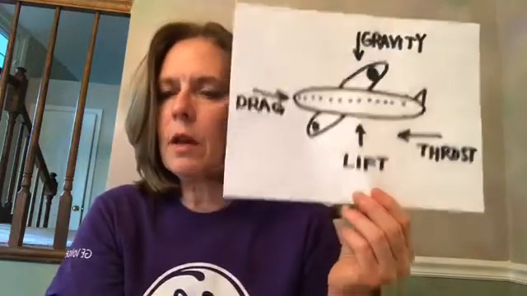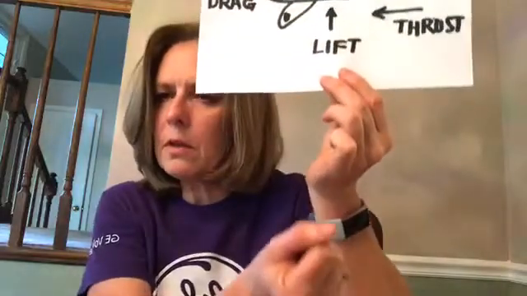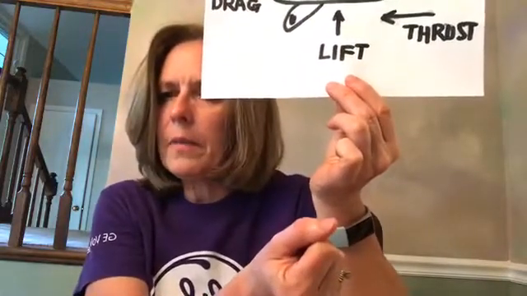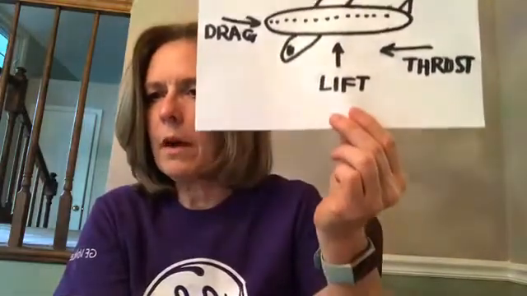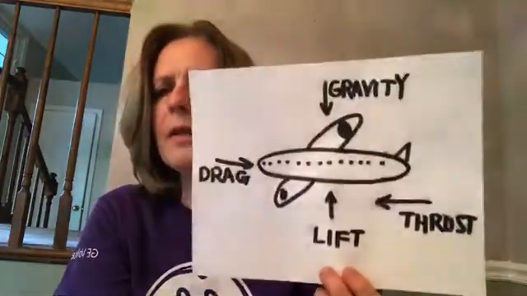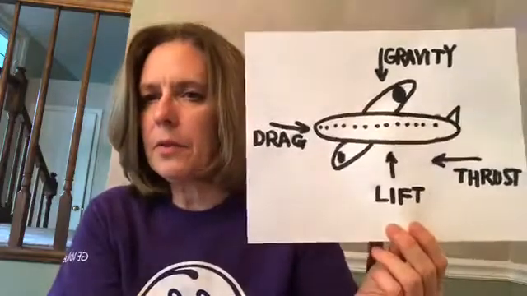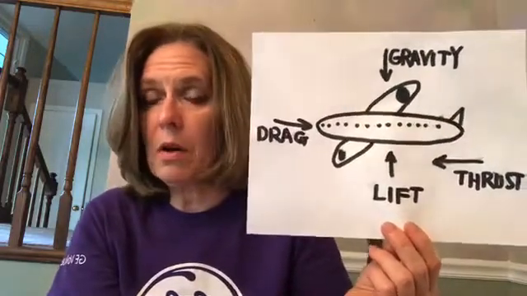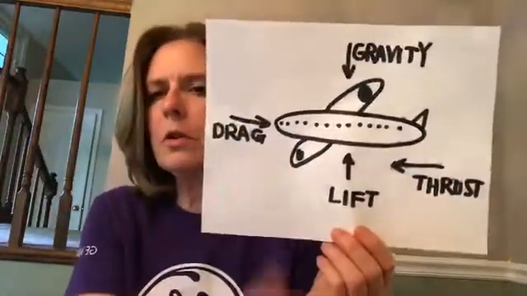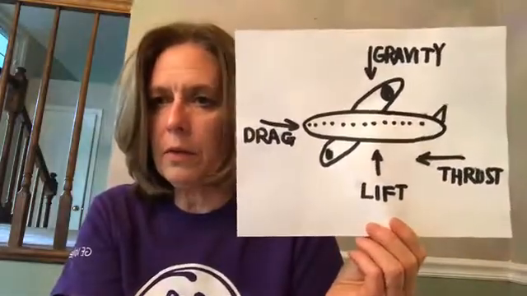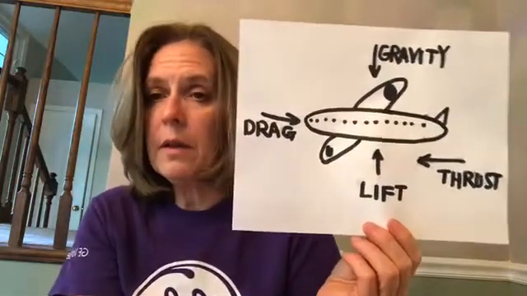And so if you think about two forces where the pressure is less on the top, what's going to happen? It's going to start lifting, right? So that's what lift is, and that is from Bernoulli's principle, which we're going to talk about in a couple of minutes. Now, what makes the plane go across the sky very quickly, which in turn causes the air to flow over the wings very quickly?